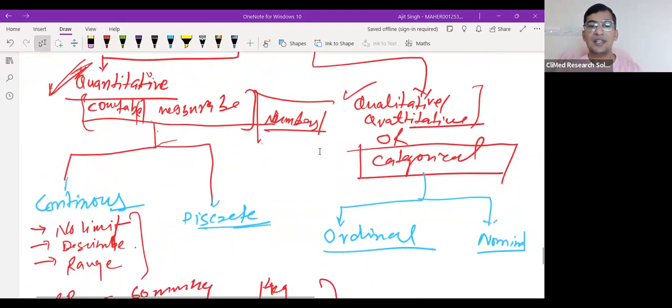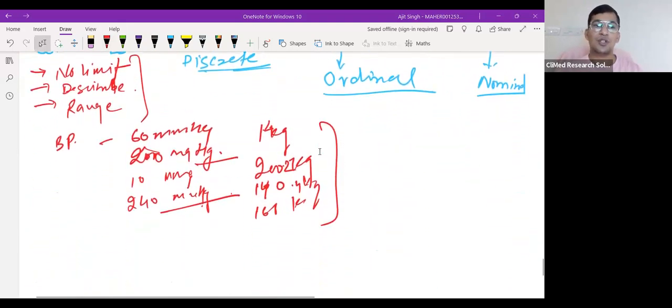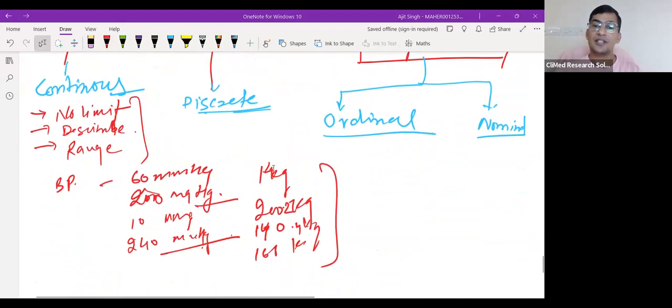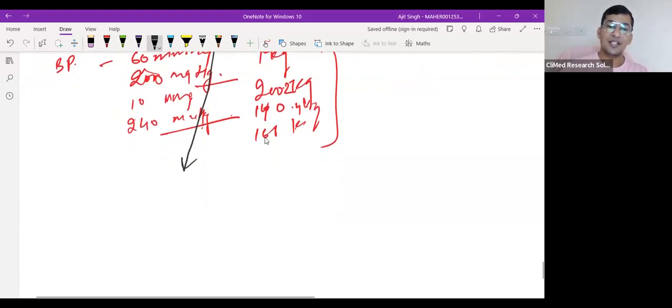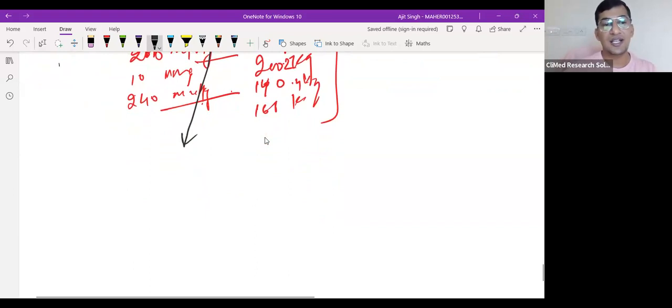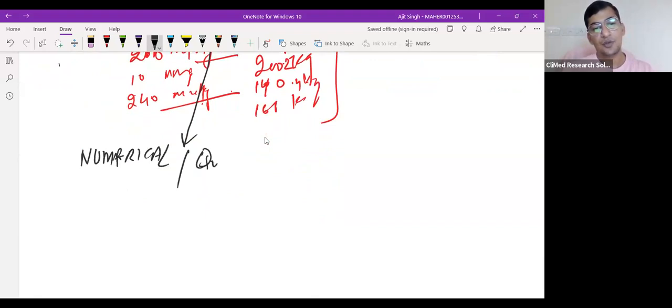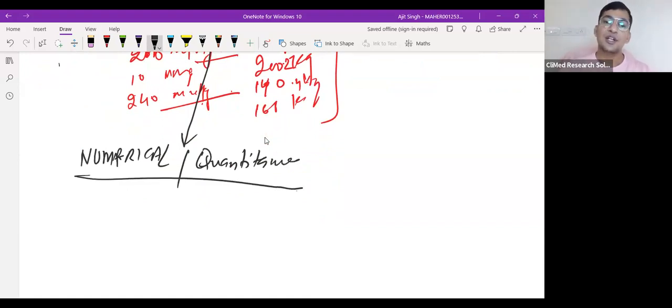That is all about continuous data, right? Now if I want to talk about discrete, discrete data is also numerical, or what we say quantitative. So this is also in numbers.